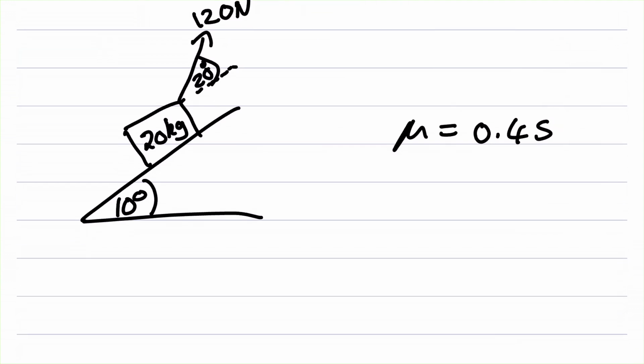Now the other forces acting on the box. Remember there's Fg going straight down, but now I'm going to find the components of Fg.